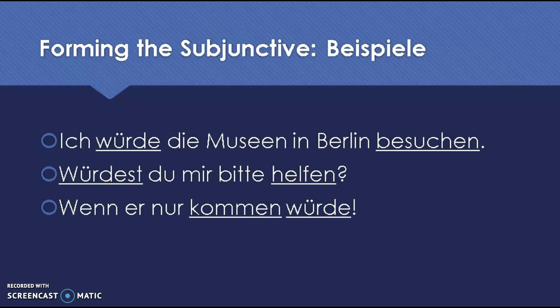And in the third example, wenn nur kommen würde, wenn is a subordinating conjunction like das or weil, meaning it pushes the verbs to the end, and whichever one is conjugated is going to move to the very end. So this word order is following exactly what we would expect, and we see a form of würde and an infinitive.